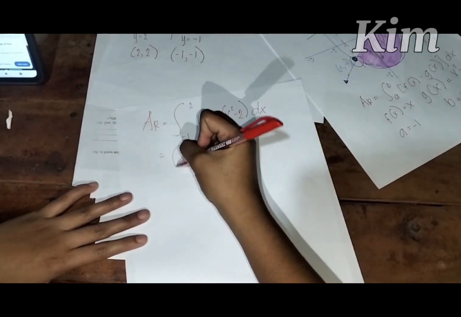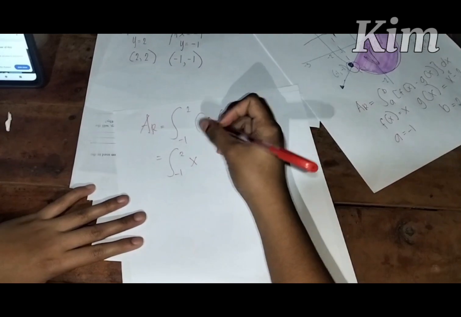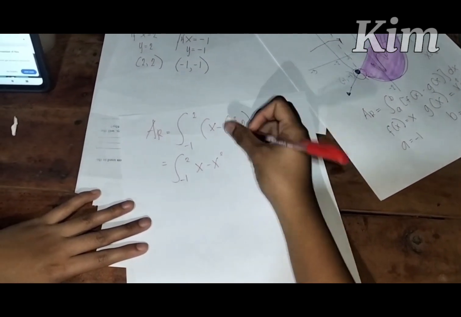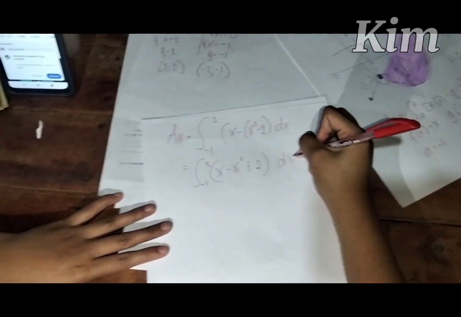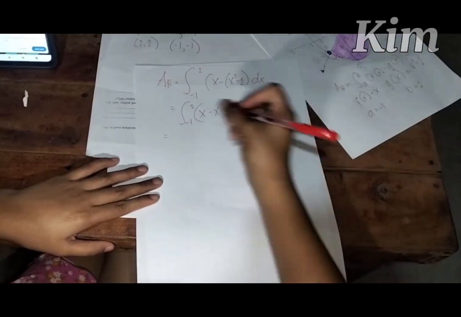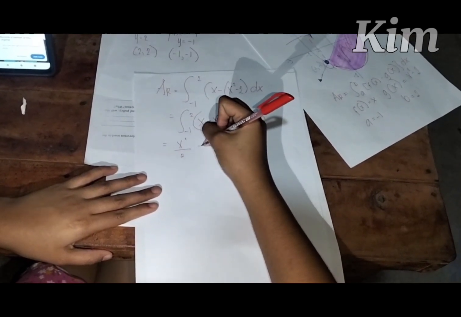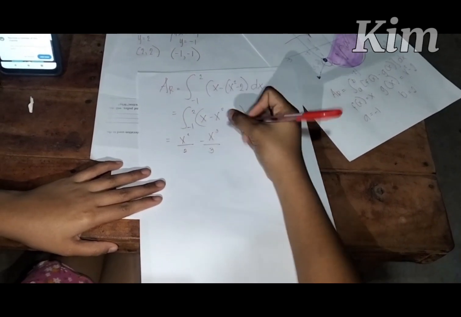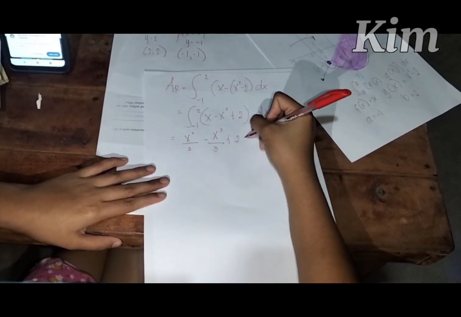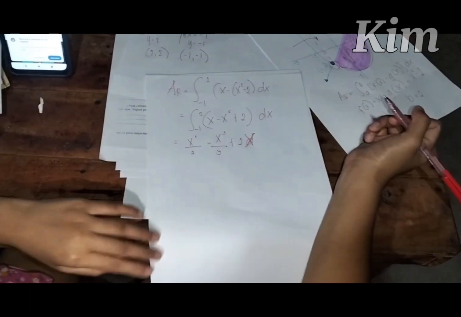Simplify first, distribute the negative: we have x minus x squared plus 2 dx. Apply the integral: the integral is x squared over 2 minus x cubed over 3 plus 2x, evaluated from negative 1 to 2.